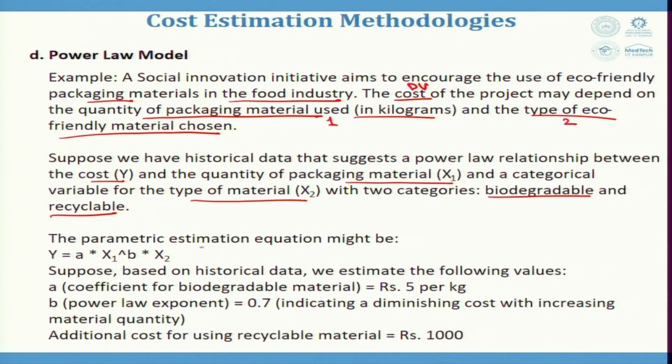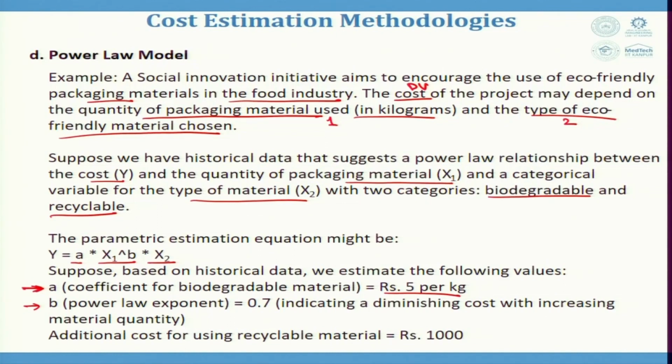The parametric estimation equation might be y is equal to A into x1 power B into x2. Suppose based on historical data we estimate the following values: A, which is the coefficient of biodegradable material, is rupees 5 per kg, and B, that is the power exponent, is 0.7, indicating a diminishing cost with increasing material quantity.